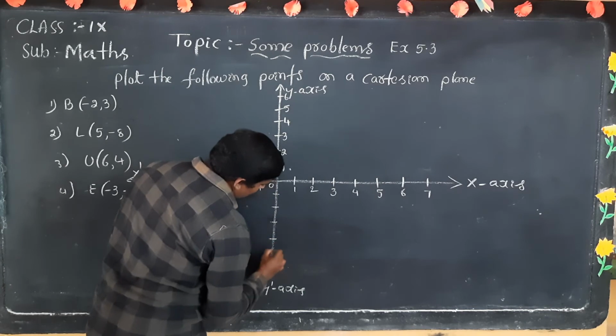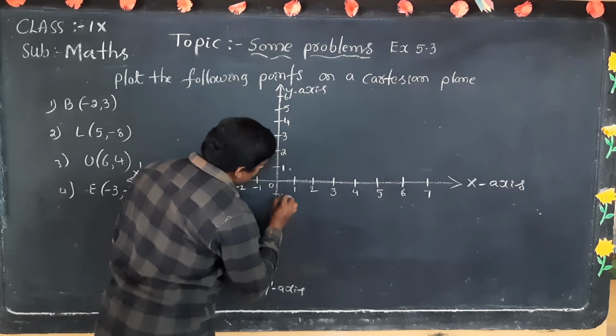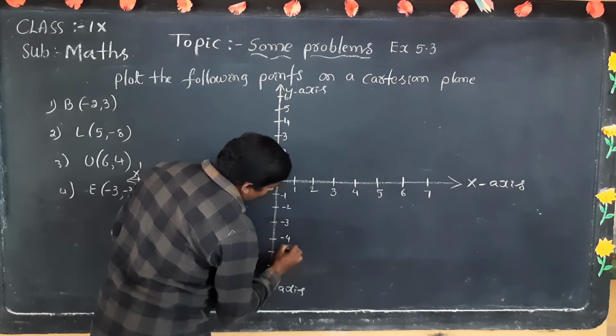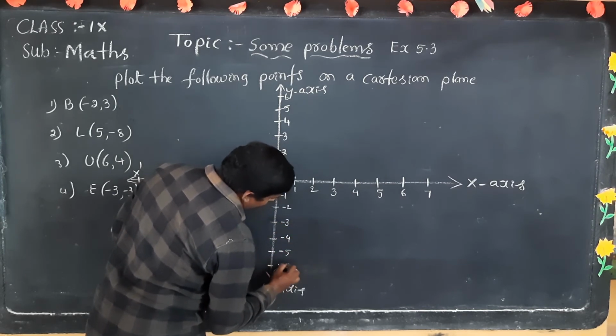Below the sea level means negative values: -1 to -6.